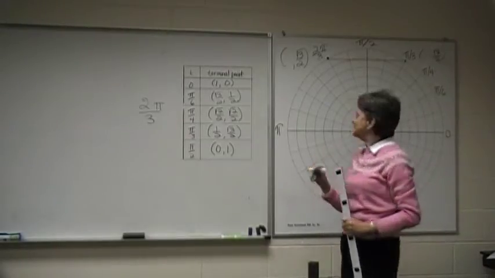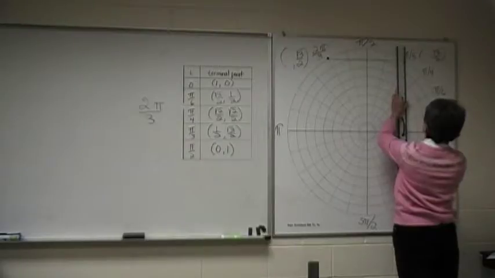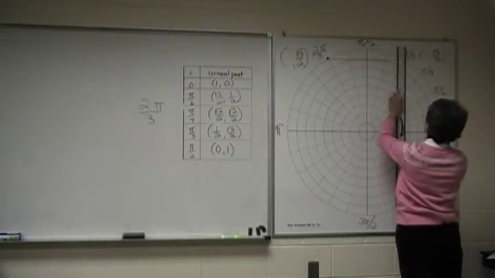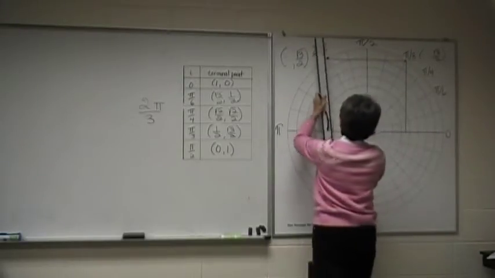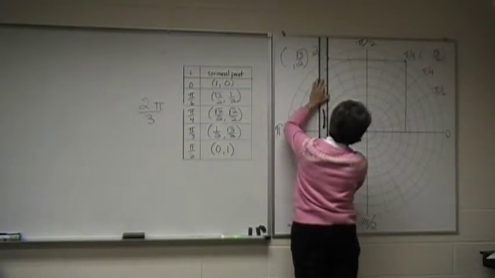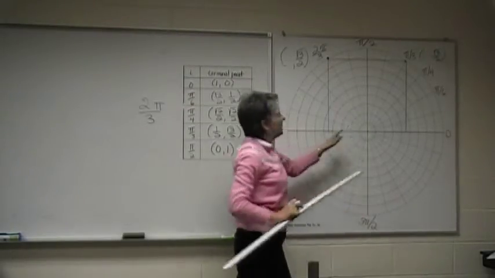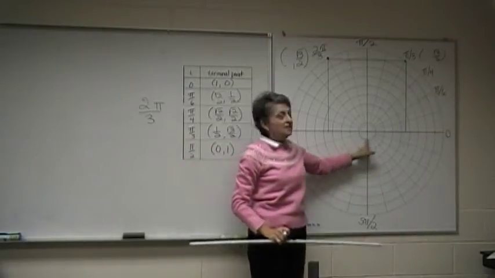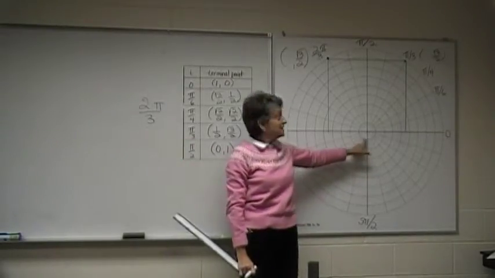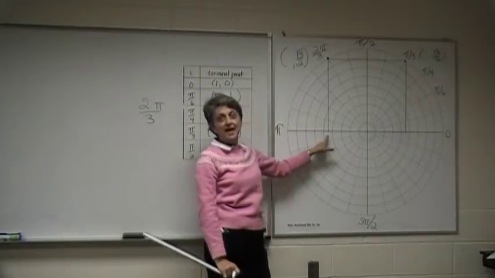Now, look at this thing. If I draw a line straight down, and I draw a line straight down over here, they turn out to be the same distance from 0. The only thing is, if you think of a directed distance, this one's positive and this one is negative.